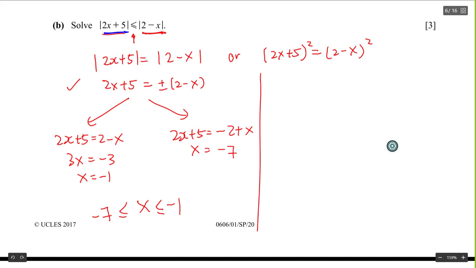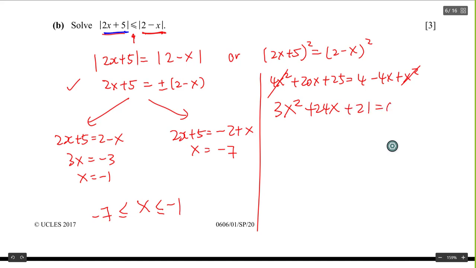Alright, let's say you just square both sides, you should get a similar answer. 4x squared plus 20x plus 25 equals 4 minus 4x plus x squared. Then solve: 3x squared plus 24x plus 21 equals 0. Then I will factorize it. So this one is 3x and x, and then I should have 7 and 3 here, right?